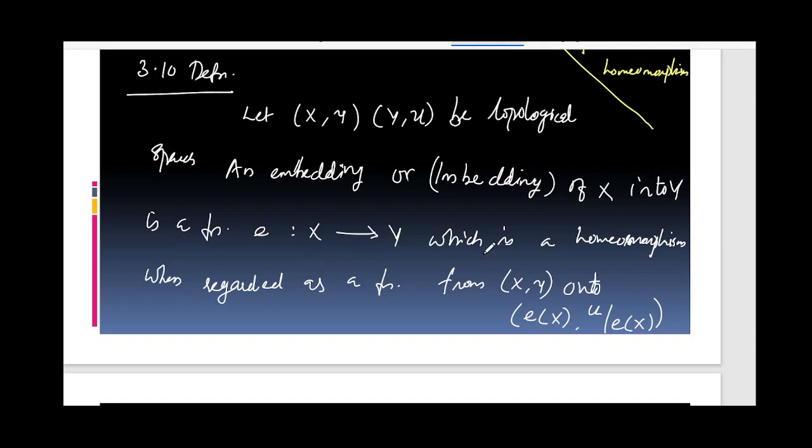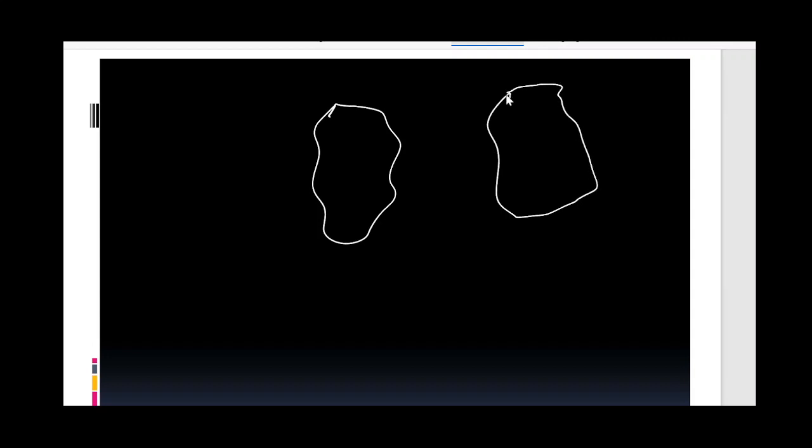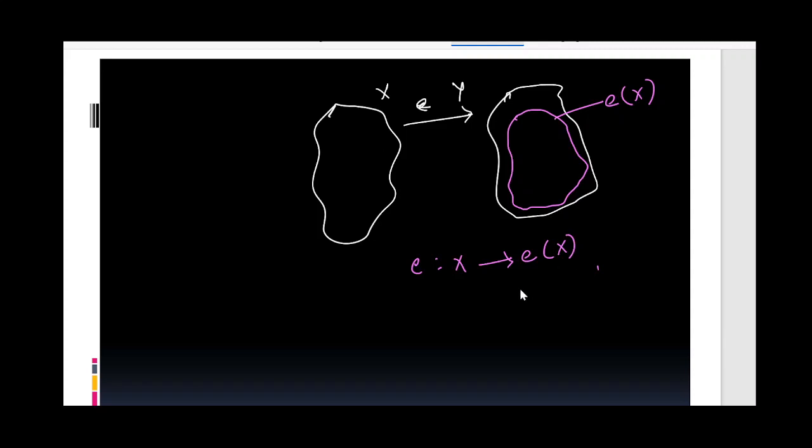I repeat, we have two topological spaces, X and Y, and a map e from X to Y. Whenever you have the topological space and e, you can go for the range of X, that is e of X. Now when you consider e from X to e of X, if e results in a homeomorphism, then e is an embedding.